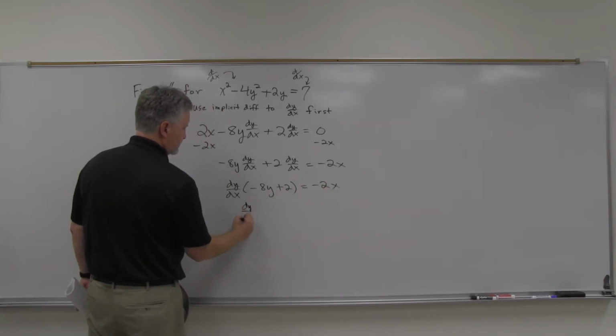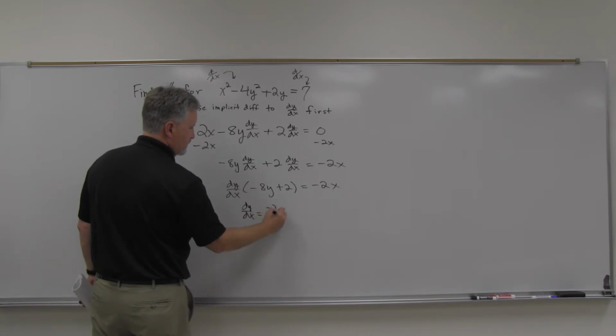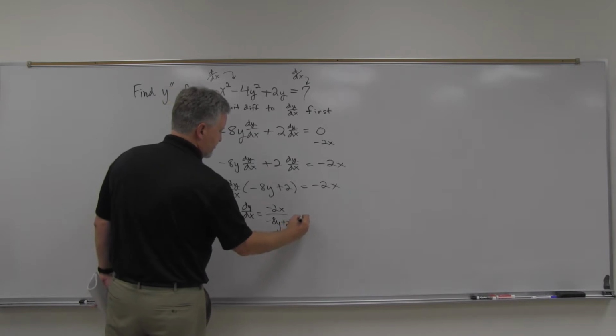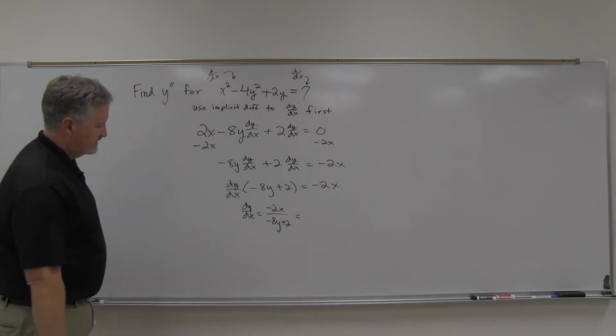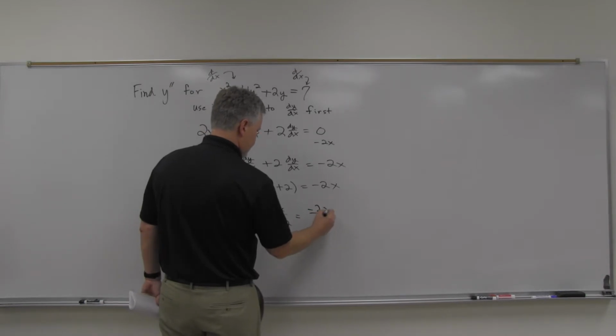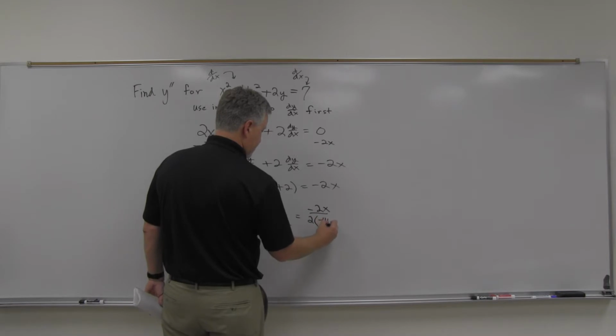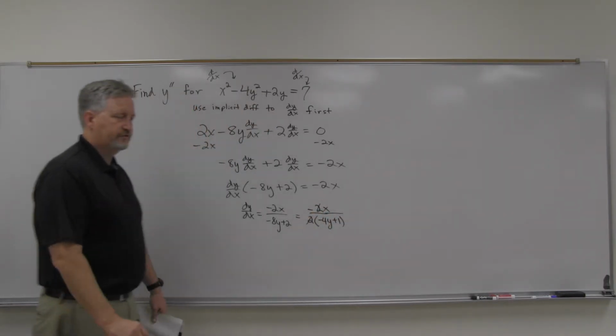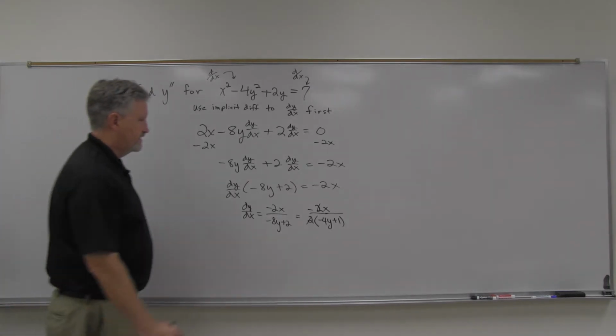So dy over dx turns out is negative 2x over negative 8y plus 2. And I guess now that I see it here, that bottom has a factor of 2 in it. I can factor off the common factor. So let's go ahead and do that, and then I can cancel 2 off with the top.